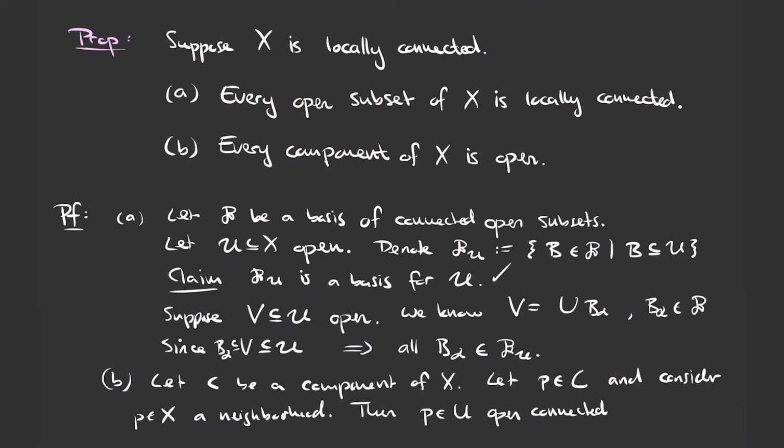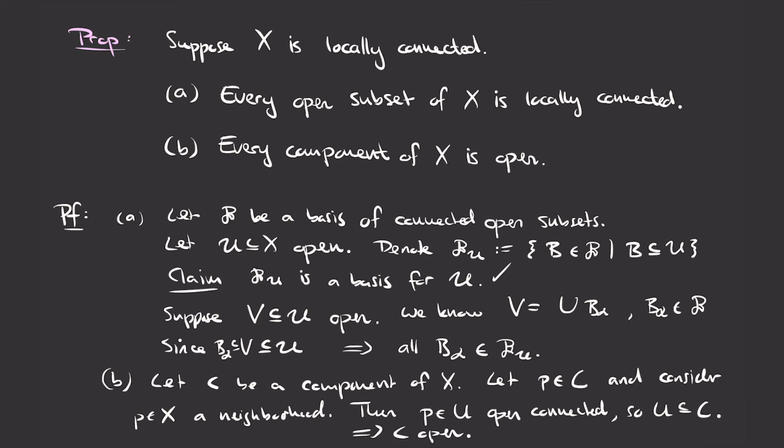And we saw previously that any connected set has to be contained entirely within one component. So U has to be contained in C because P is contained in C. And this shows that C is open.